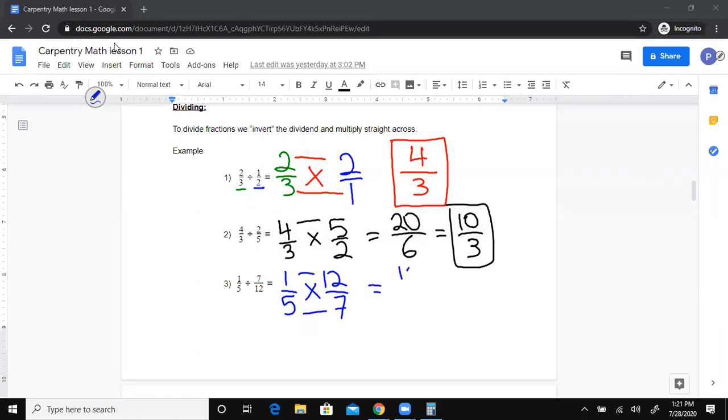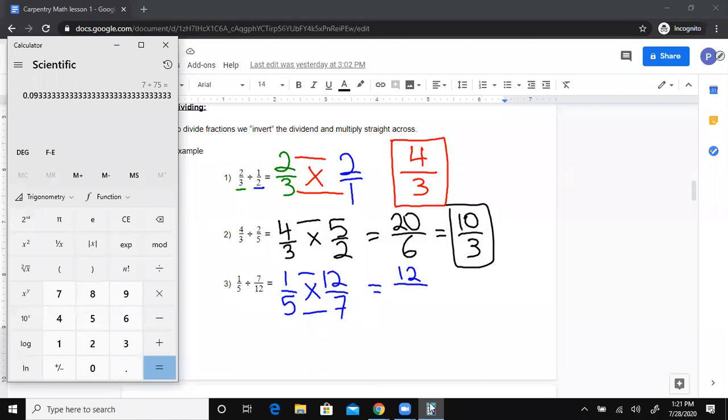This is all equal to 12 over 5 times 7. 5 times 7 is 35. Let's just confirm on the calculator. 5 times 7, 35. So we got 12/35.